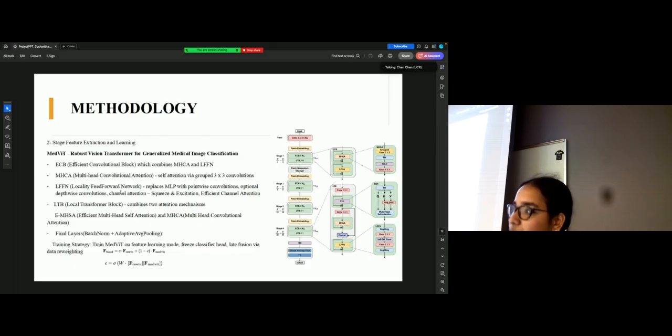More importance is given to deciding which patch or which feature to emphasize and which to reduce. At the final layer, the features extracted from CSWin, as I explained, are concatenated using the data reweighting parameter. You can see it in the formula.